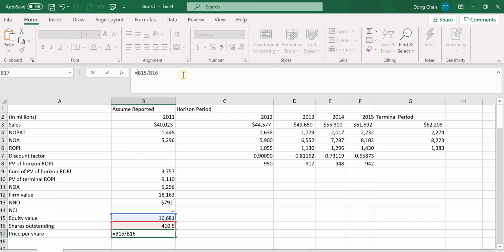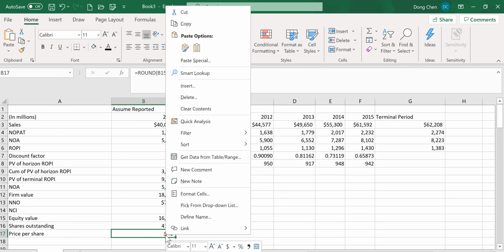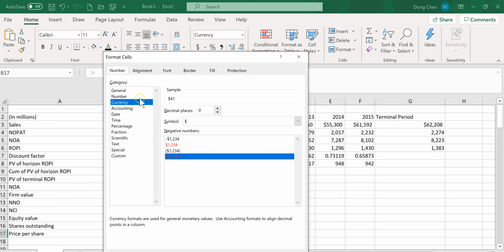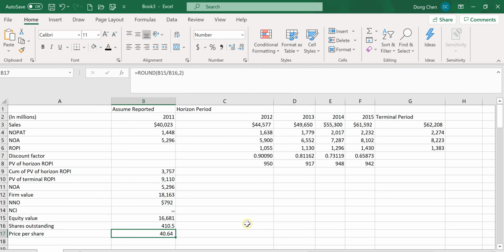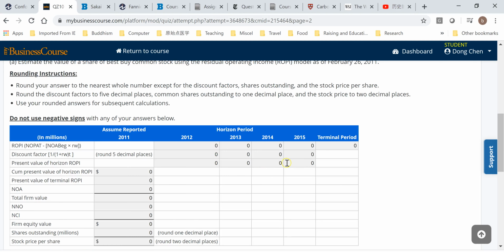But then I need to round this to 2 decimal places, right? So then I need to format the cell to have 2 decimal places. All right, so I guess we are done with this table. So the rest of the job is simply to copy the numbers back to the table.